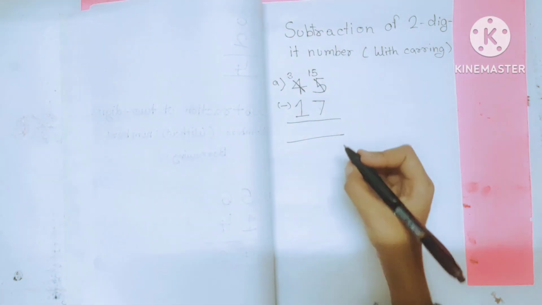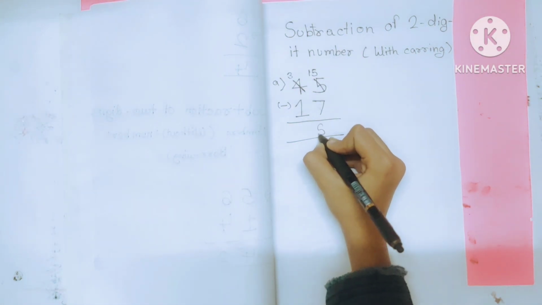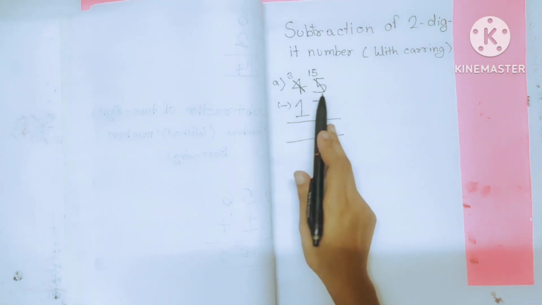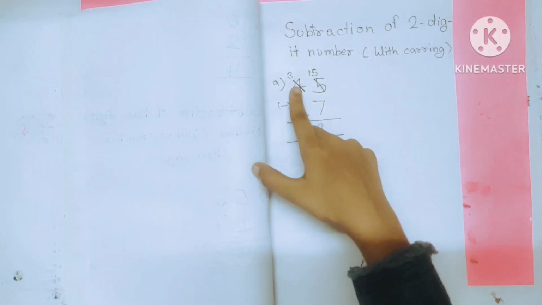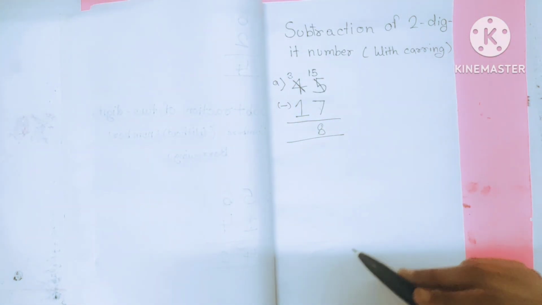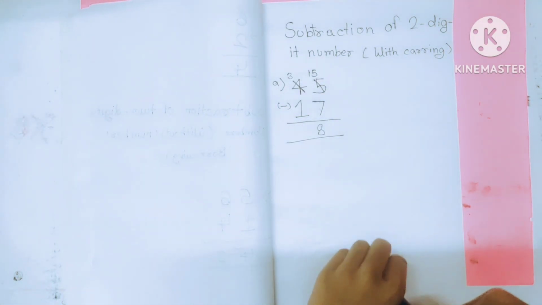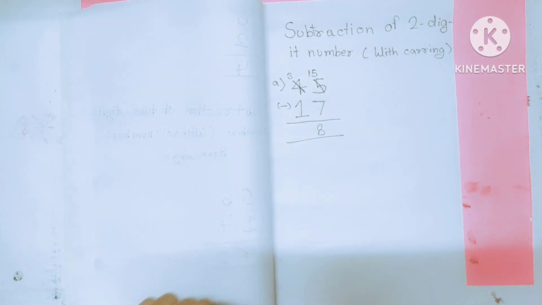So 15 subtracted by 7 equals 8. That's how we borrow the number. Now 4 is 3. Could we subtract 1 from 3? Yes, we could, because 3 is the bigger number.